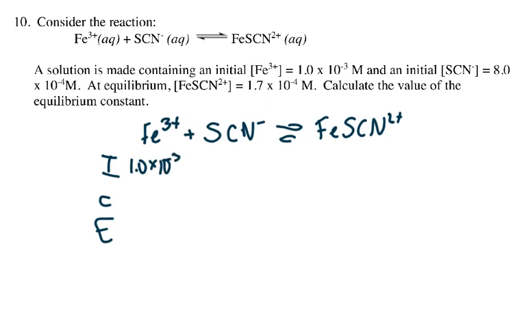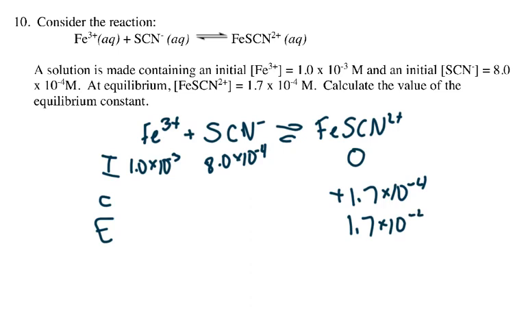We can write those in. And our initial product is 0. We gain 1.7 times 10 to the negative fourth, because that's our equilibrium concentration of our product, which means we lose that in our reactants.